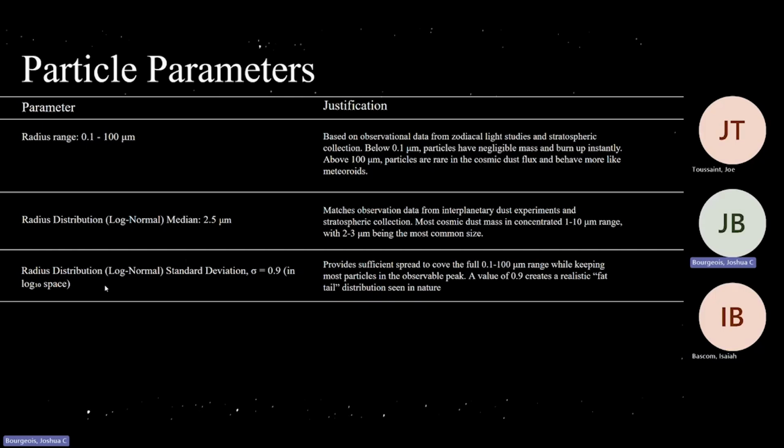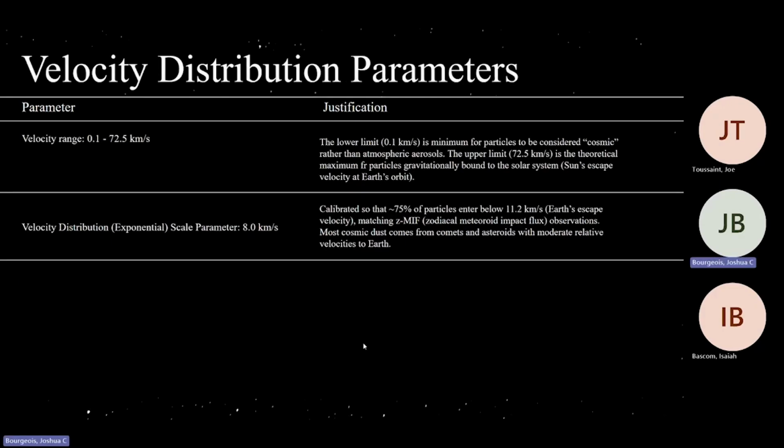The radius distribution spread, similar to that, is going to be 0.9 in log 10 space. Also, we have the velocity range from 0.1 to 72.5 kilometers per second. You can see that from the graph that we showed earlier. And then finally, the velocity distribution exponential, that being 8 kilometers per second.